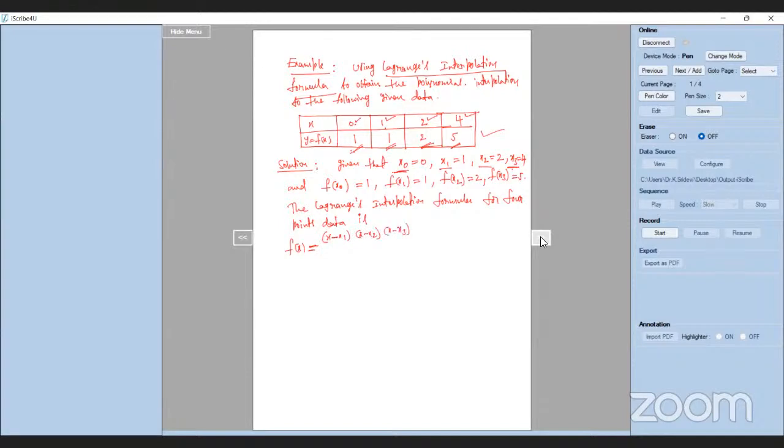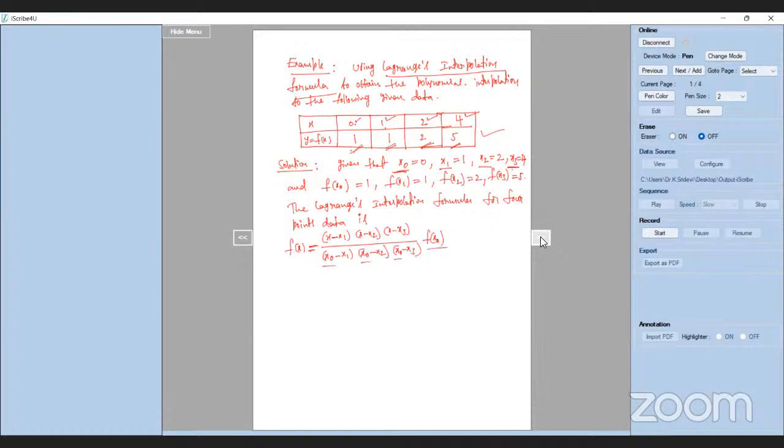Will x minus x4 come or not, ma'am? Is there an x4 value in the problem? No, madam, only up to x3 is there. In the denominator, what will come? x0 minus x1, x0 minus x2, x0 minus x3. So this is into f of x0. The first term is related to x0 and f of x0.